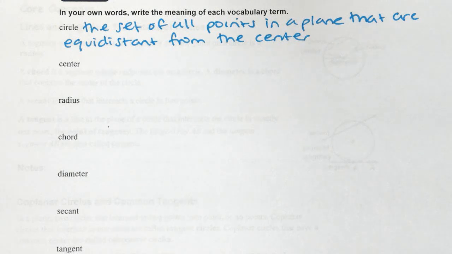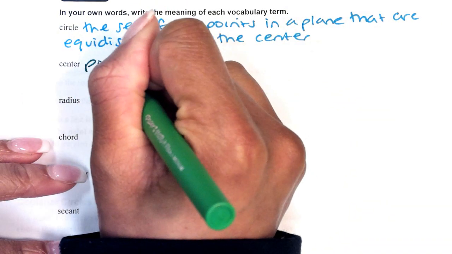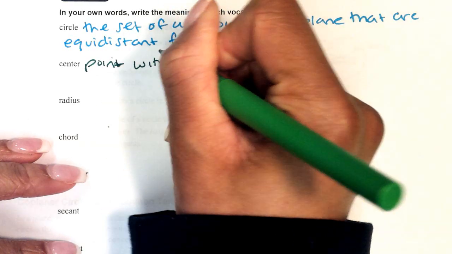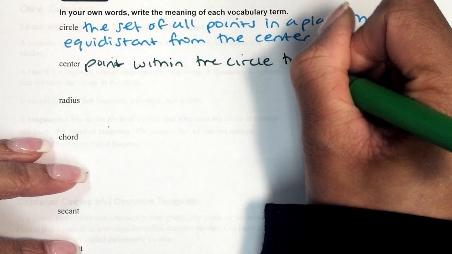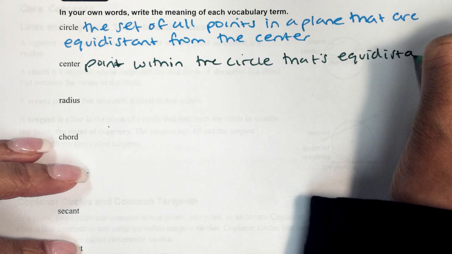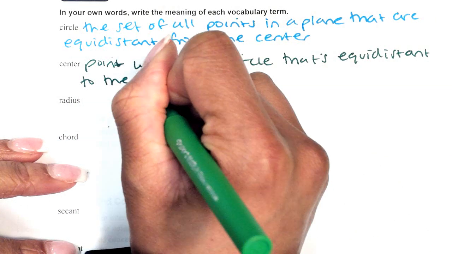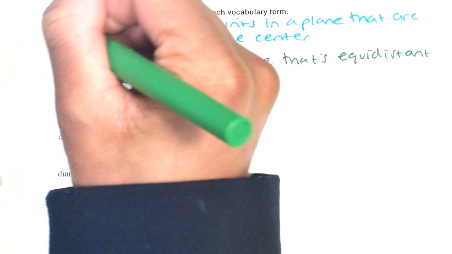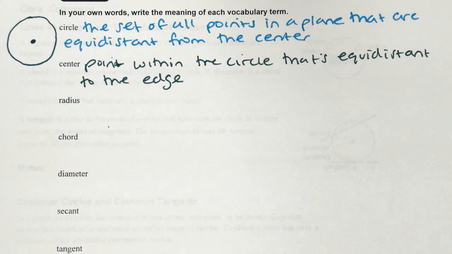Now let's talk about a center. We already kind of know what the center is. The center is that point within the circle that's equidistant to the edge. So if we created a circle, this little dot in the middle is the center.